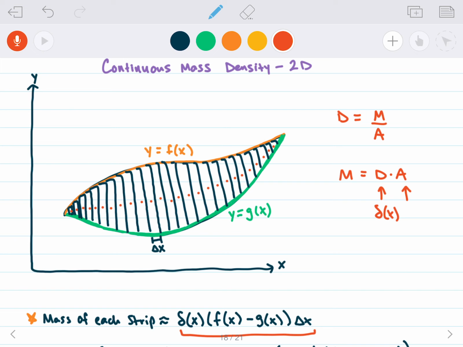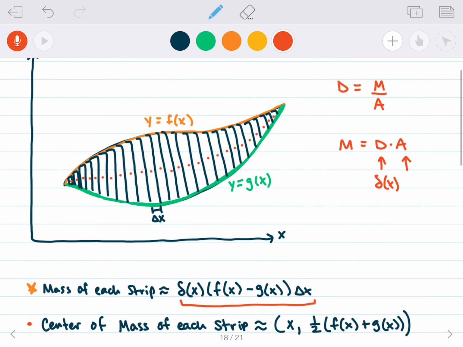And again, the f minus g is just the height of the rectangle, right? So that was the mass of the strip, and we talked about that a couple of slides ago. But let's talk about the center of mass of each of these little strips.